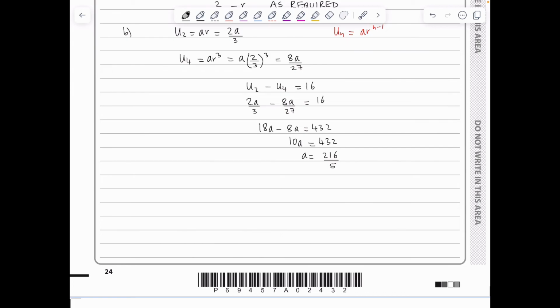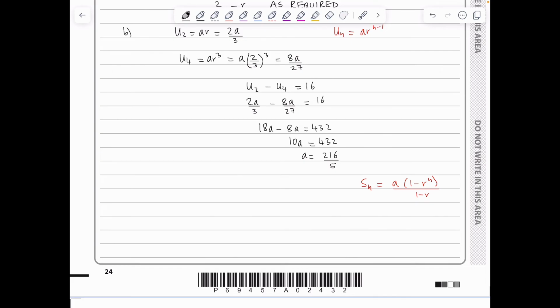Remember, we're trying to find the sum of the first 10 terms. We're trying to find S10, and we've got a formula for the sum of the first n terms, which says that this is given by a times 1 minus r to the n over 1 minus r.